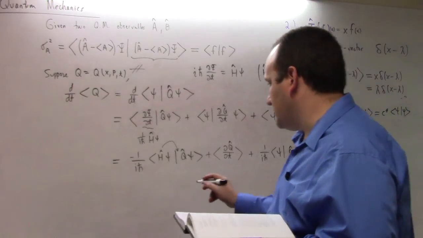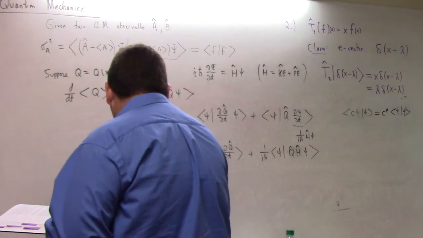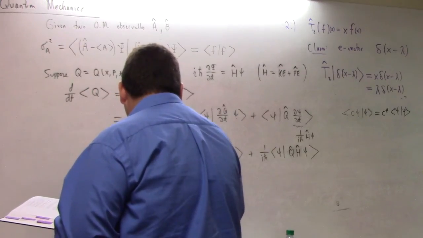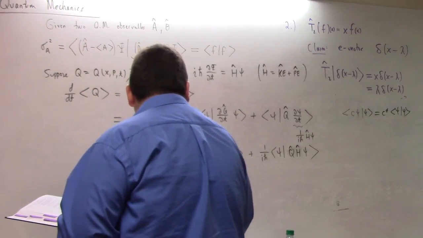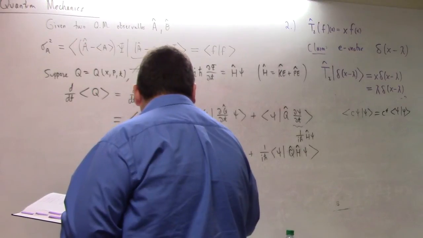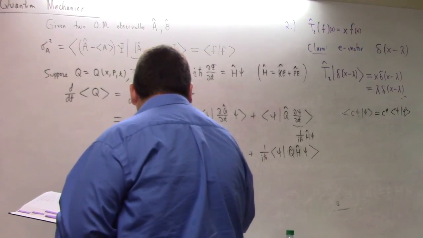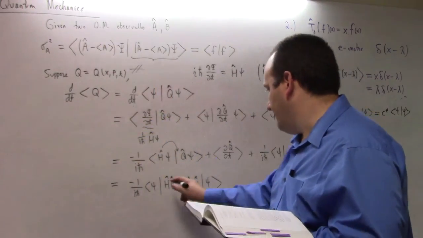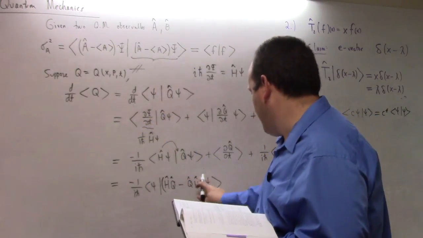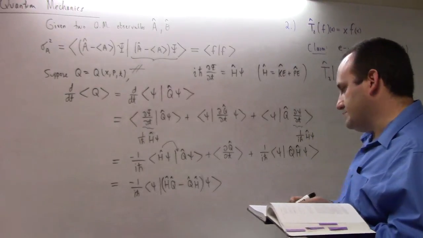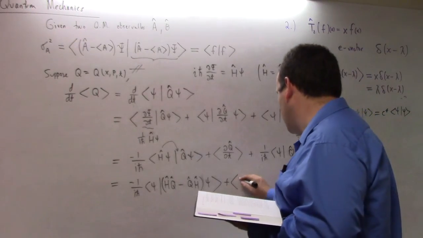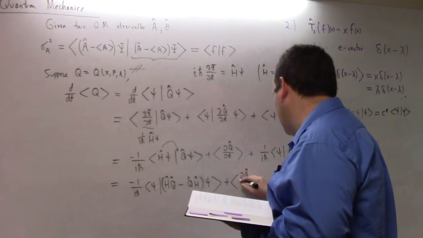And then I'll have minus 1 over i h bar, psi, (HQ minus QH) psi, plus the expectation value of the time derivative of the operator.